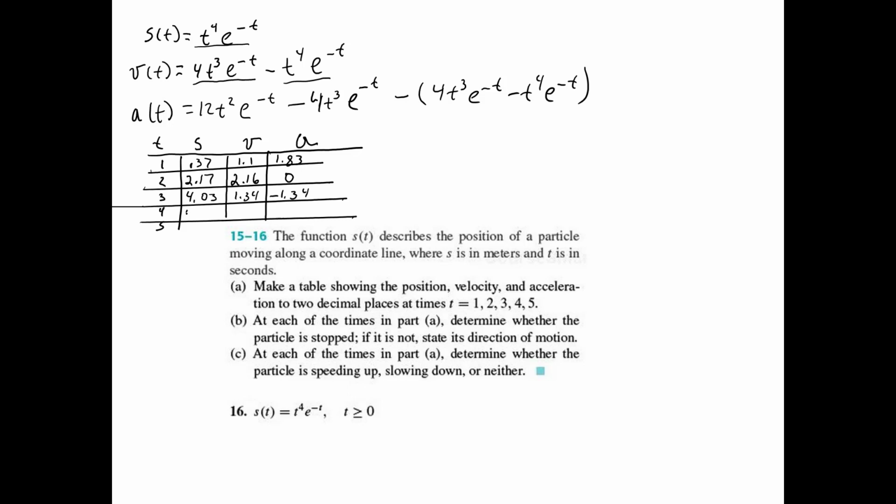At 4 seconds, we are now at 4.6. Notice every time my position kept getting bigger because my velocity was positive and we were just moving to the right. But now my velocity is 0, and since my velocity is 0, we have stopped. But my acceleration is negative.